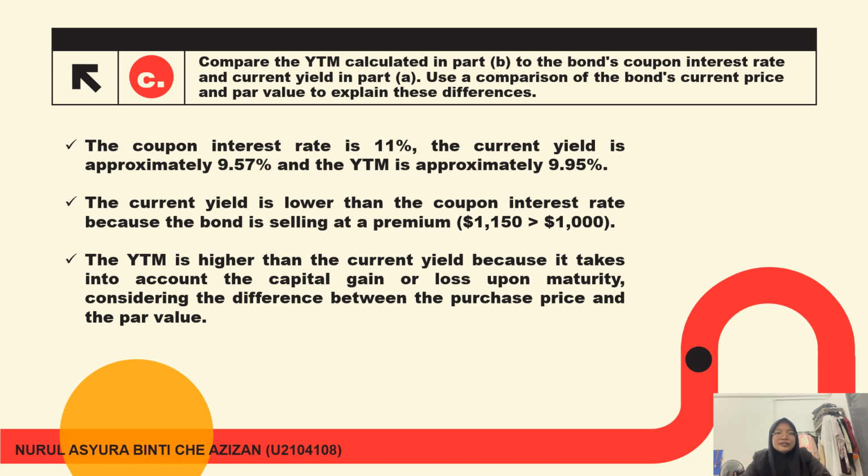So the current yield is lower than the coupon interest rate because the bond is selling at a premium, as $1,150 is larger than $1,000. And the YTM is higher than the current yield because it takes into account the capital gain or loss upon maturity, considering the difference between the purchase price and the par value.